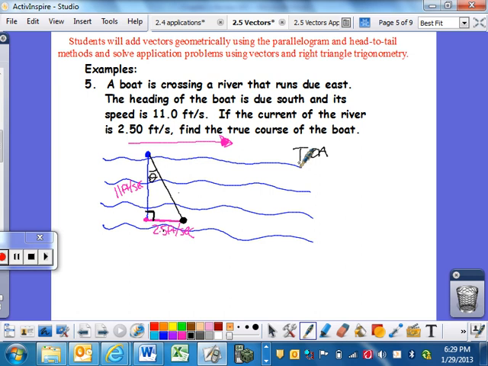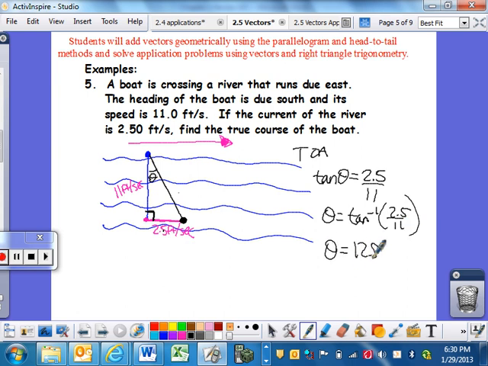Okay? And tangent theta is going to equal what? Tangent theta is 2.5 over 11. Okay? And if I want 2.5 over 11, tangent inverse of that's going to give me my angle. Okay? Theta equals, and if you do that, it's going to be 12.8 degrees.